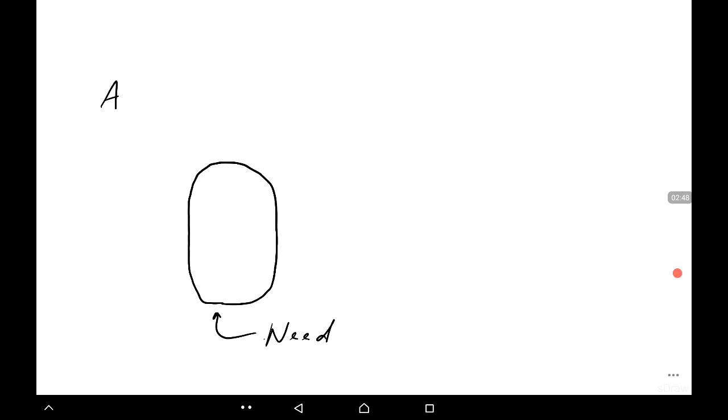So the behavior starts from the certain need, and now we will draw the afferent synthesis. Afferent synthesis.